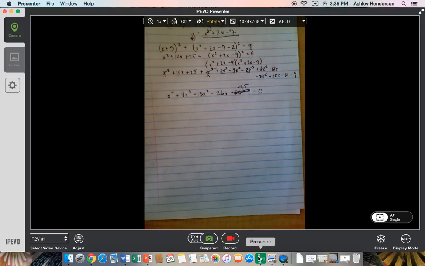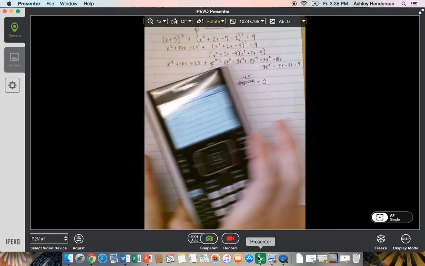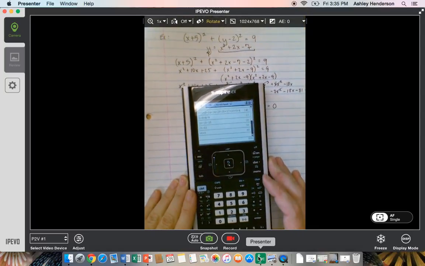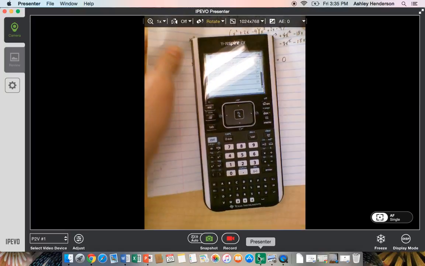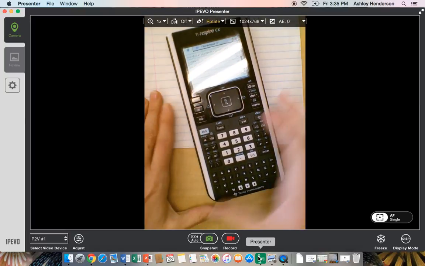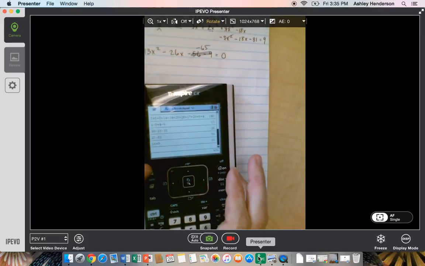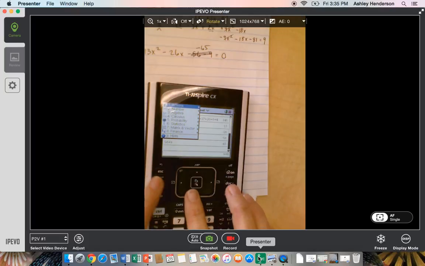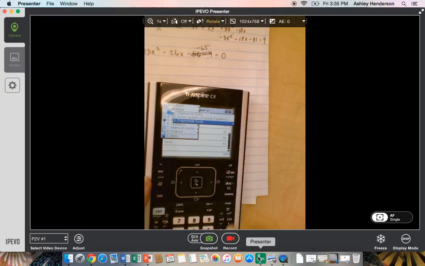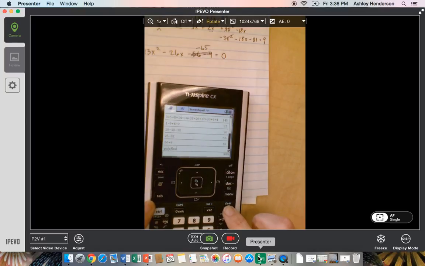You can use our graphing calculator tool here. I don't know how well this is going to work. We'll see if I can get it to zoom in without having too much glare on it. Whoop. There we go. I don't remember if you guys will remember this or not, but I'm going to go to algebra and then polynomial tools, and I want to find the real roots because I don't care where it exists on the imaginary plane.